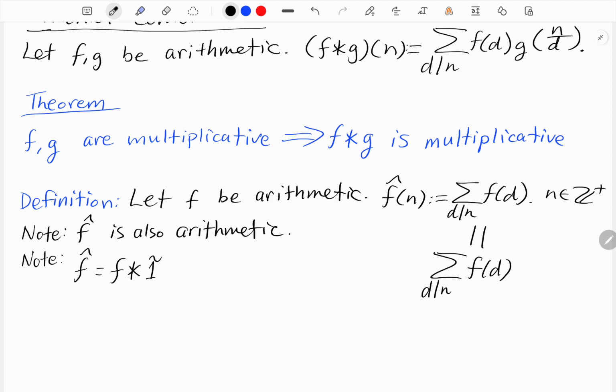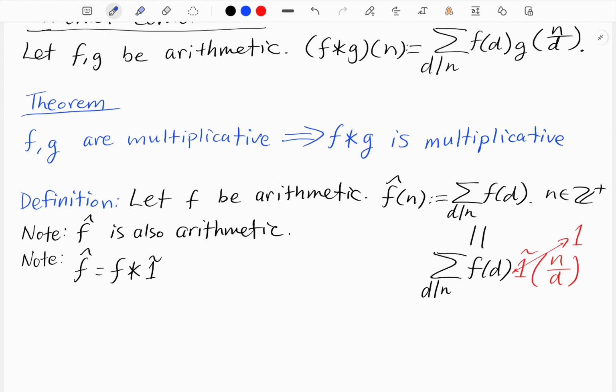And then what am I multiplying by? I'm multiplying by g of, let's say, 1, times 1. But 1, I can write as 1 tilde of n over d. But 1 tilde of n over d is just 1, so f of d times 1 is still f of d. So we see here that f hat is just the Dirichlet convolution between f and 1 tilde.